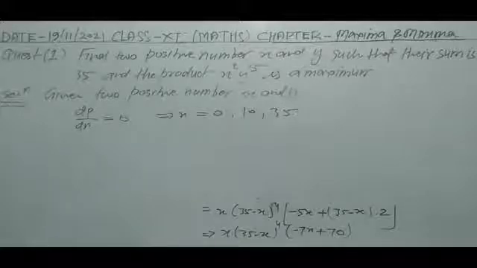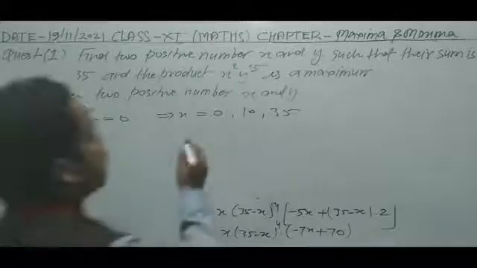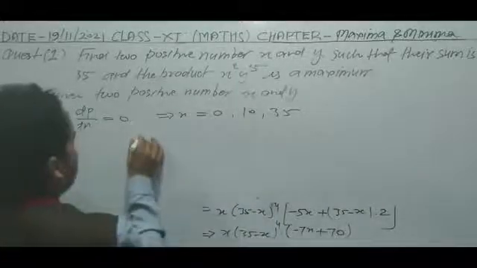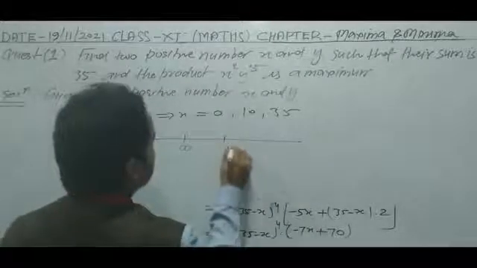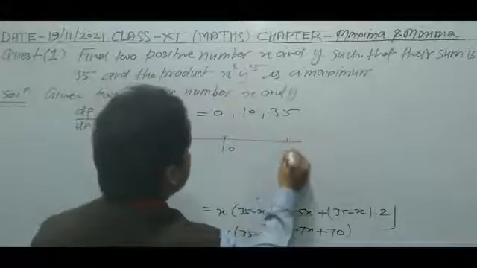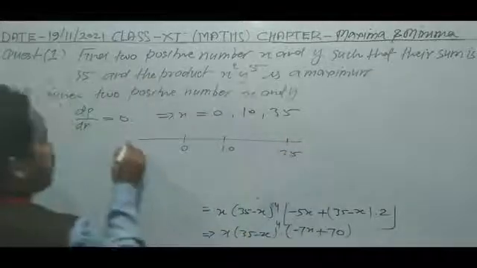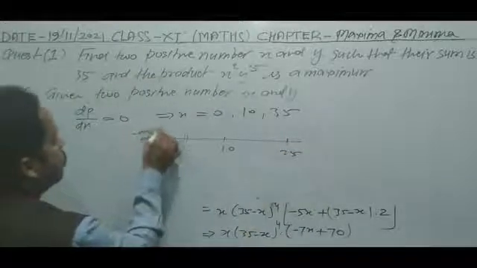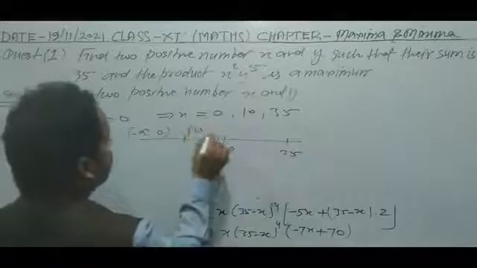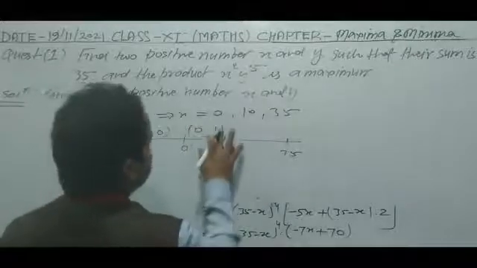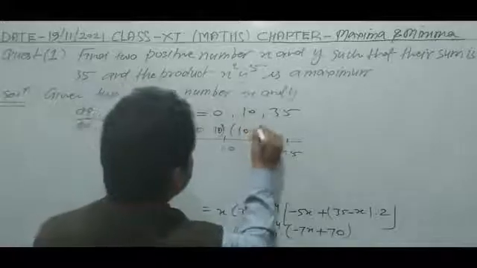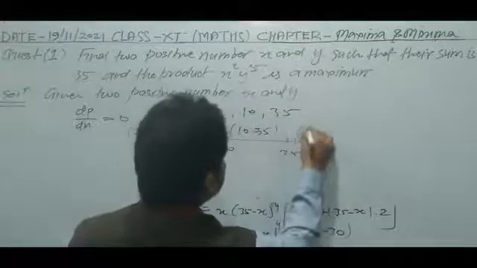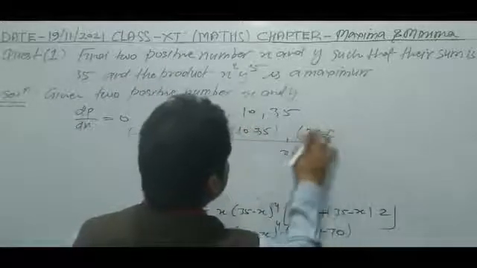This is the interval on the number line. Suppose this is 0, this is 10 and this is 35. So the regions are minus infinity to 0, 0 to 10, 10 to 35, and 35 to infinity.